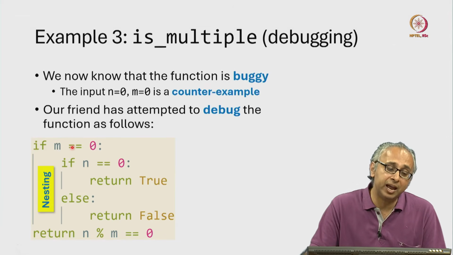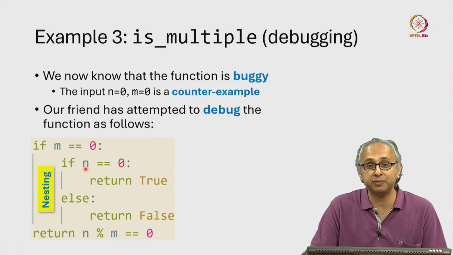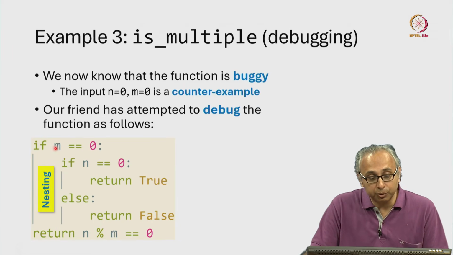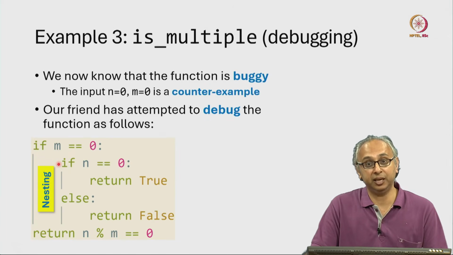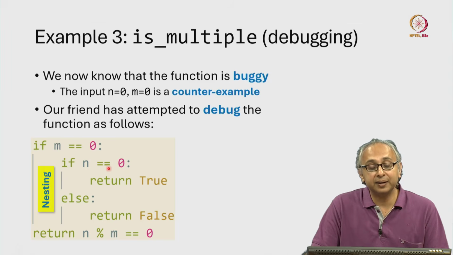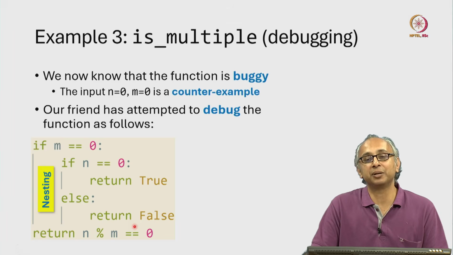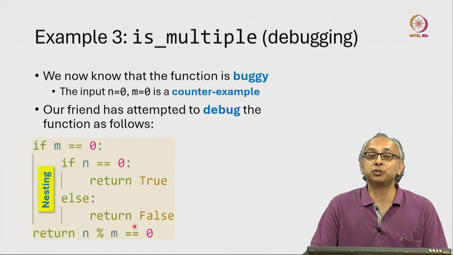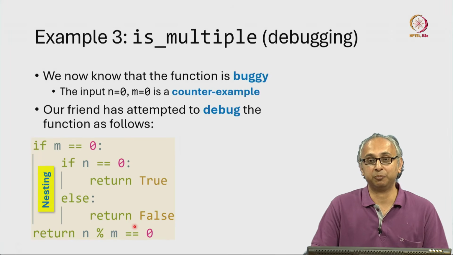On the other hand, if m was 0, but n was, let's say, 10, which we had in our previous condition, since m is 0, we will come into the outer if's condition. But then, since n is 10, we will skip to the else case, and then we will return false. So our friend's code is going to work correctly for all the doctests that we have.